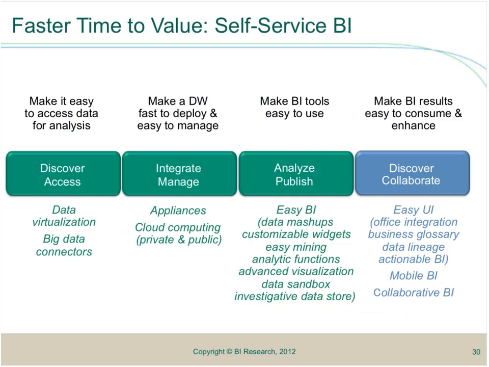And so if we look at this supply chain, we can break self-service BI, I think, into four areas. One is we need to make it easier to access data for analysis. We are starting to connect to big data. We're starting to use virtualization concepts by which we don't have to bring data into the enterprise data warehouse before we can analyze it.